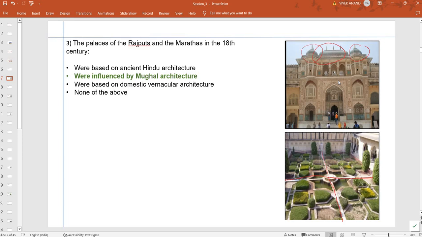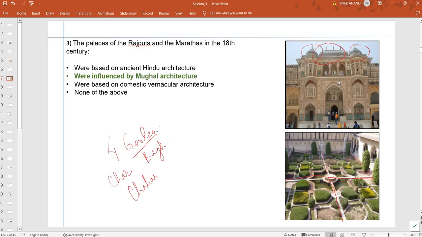There are four gardens you can see. A whole garden is divided into four parts. So there is four garden. So this is char garden. For this there is a word called bagh. So this is what?